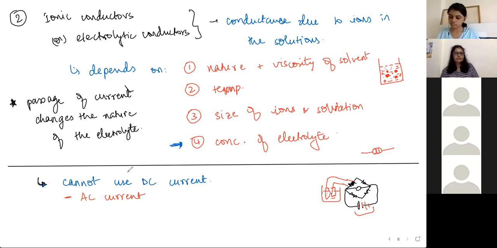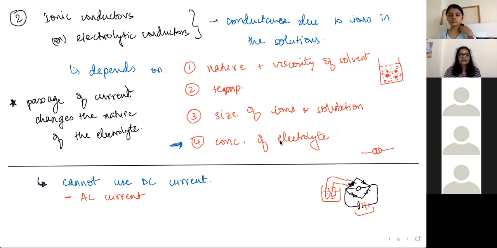So it's still going to conduct electricity, and you can maintain the nature, the composition, for a longer time as compared to direct current. So that is the main change, the main adaptation that you need to make to overcome your problem.